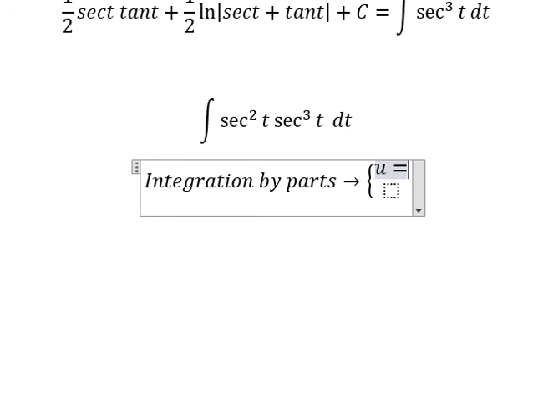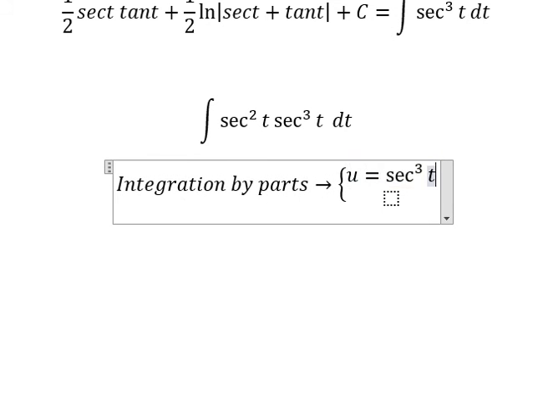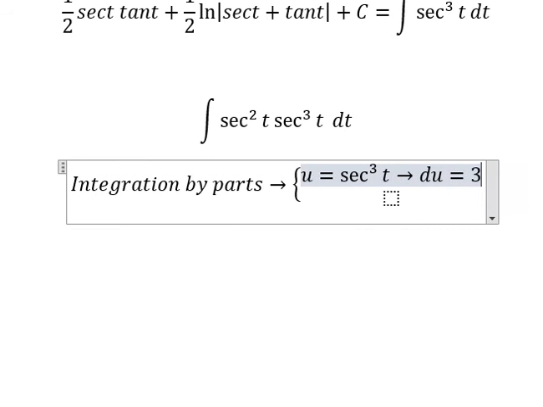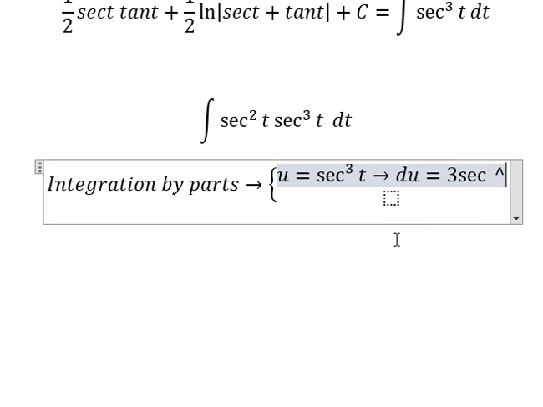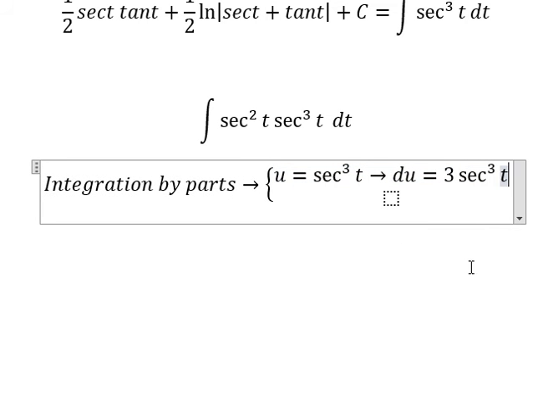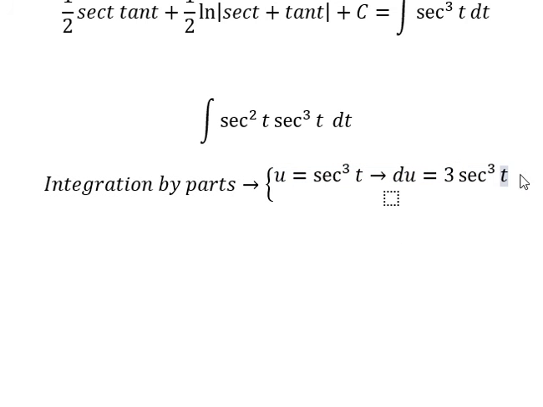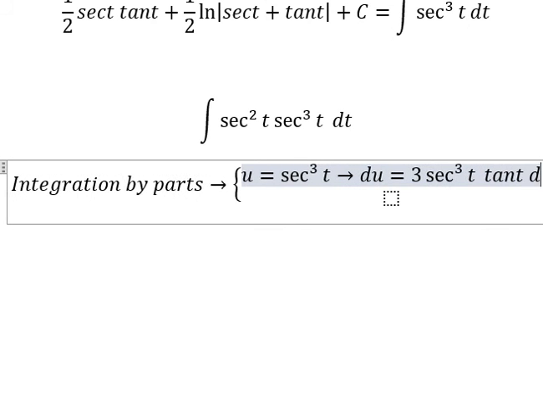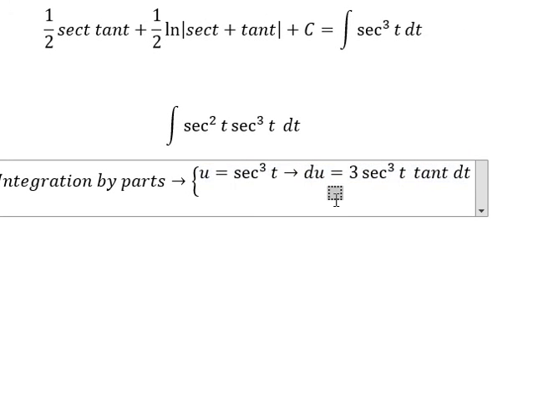So we need to put u equal to secant of t to the power of 3. So if we take the derivative of both sides, you get 3 secant of t to the power of 3 tan t dt, and dv we get secant of t squared.